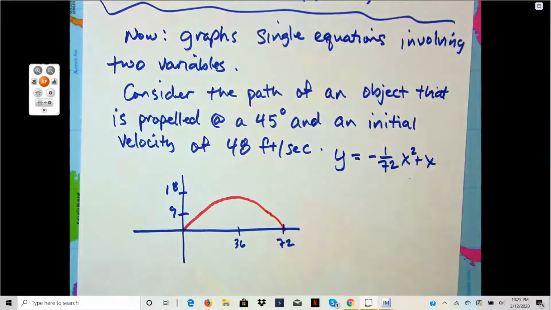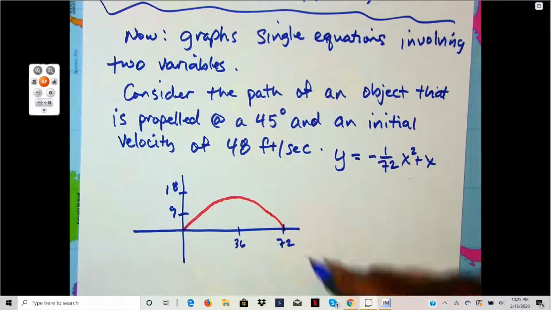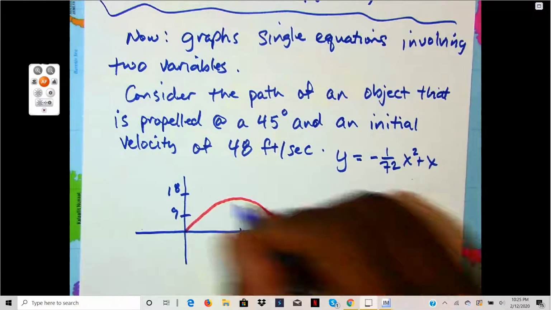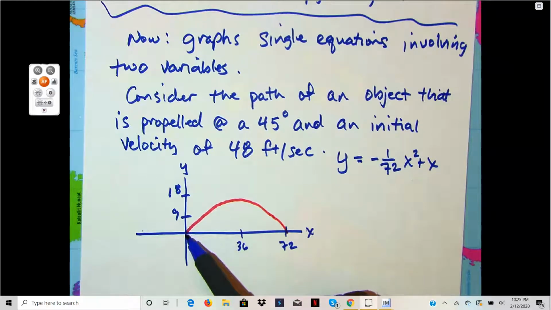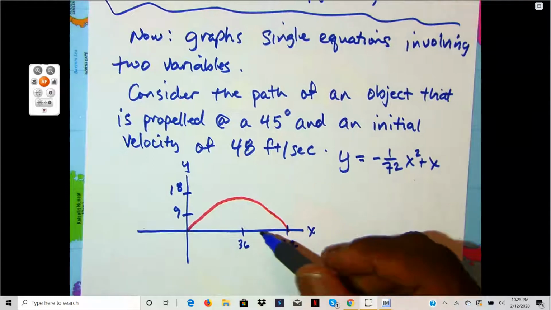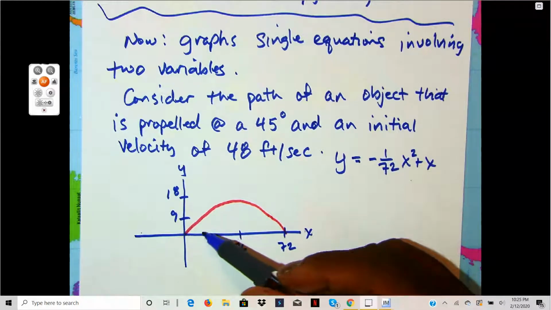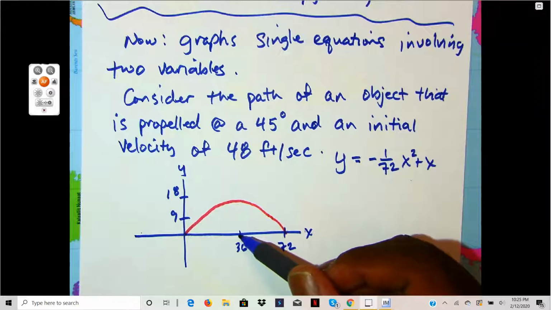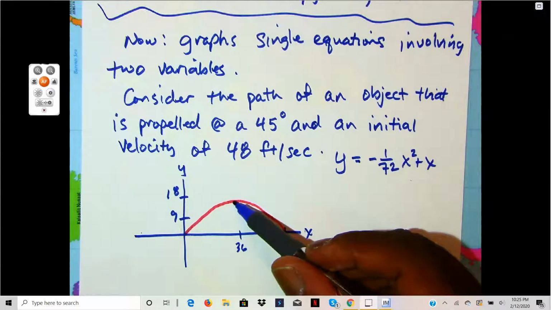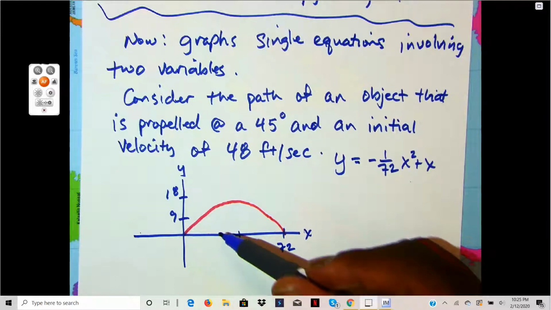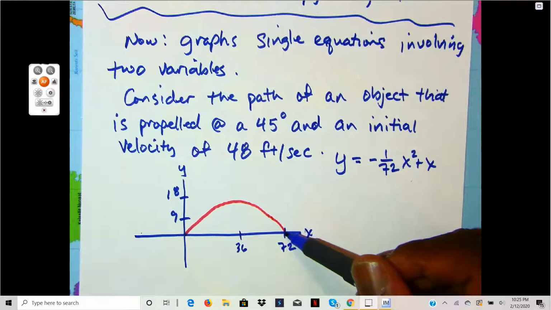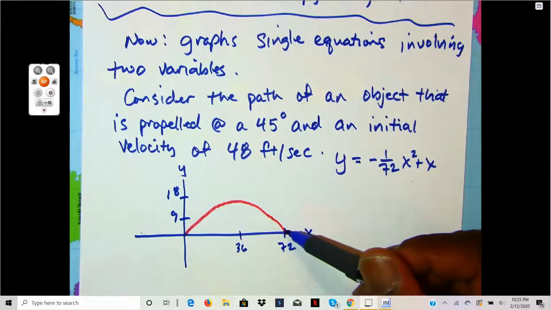What we know looking at this graph is that y is a function of x. So if the object is shot out from the origin at 0, 0, when the object has gone horizontally 36 feet, it reaches a height of 18 feet. When the object has traveled horizontally 72 feet, it's back on the ground with a height of 0 feet.